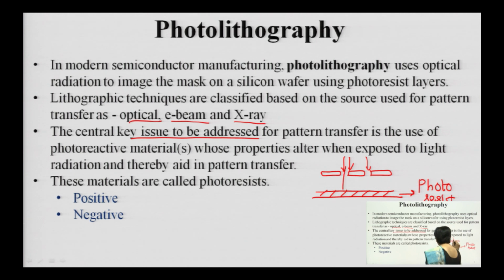Wherever the light beam reaches this area, depending upon whether it is a positive or negative photoresist, the photoresist coating will either become weak or strong, and your pattern will be transferred.